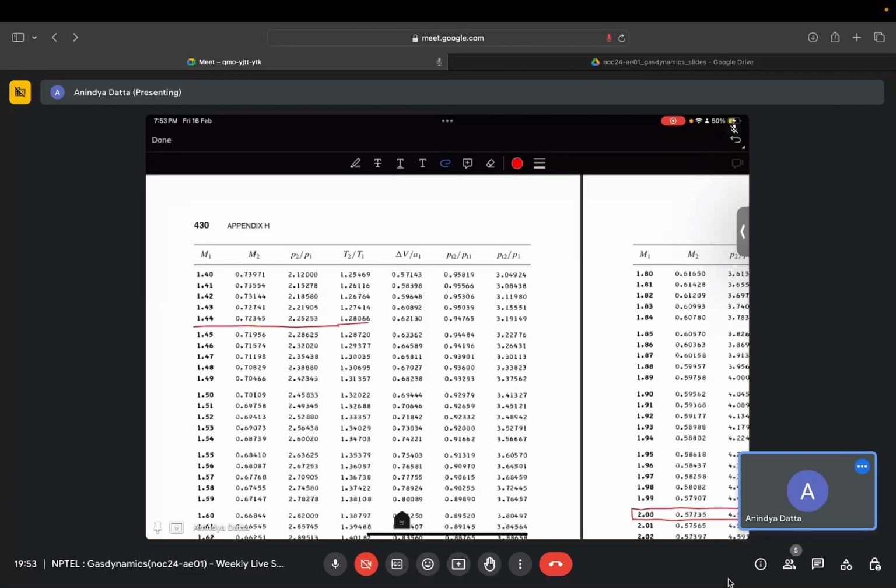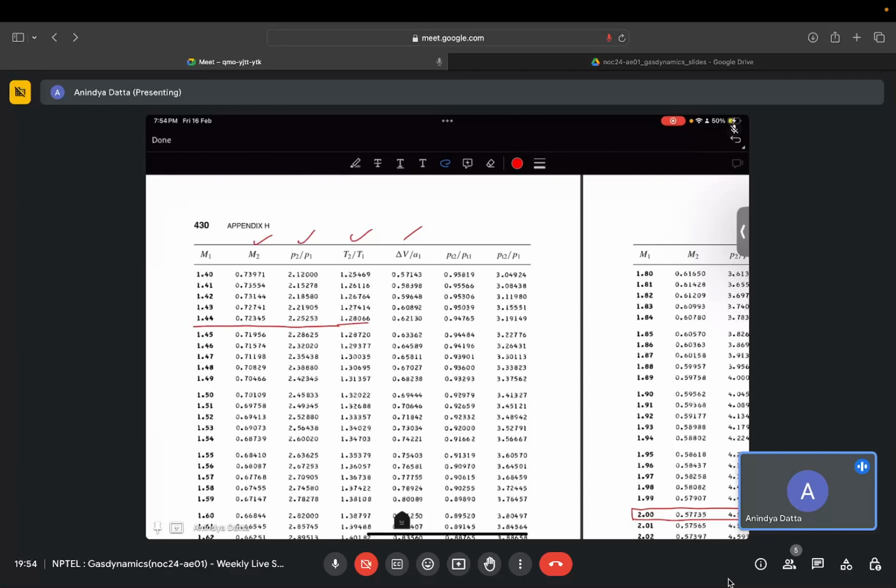When you solve a moving shock problem and change the frame of reference so that the moving shock becomes stationary, you get a standing normal shock, and then you can use the first four columns: M2, p2 by p1, T2 by T1, and delta V by a1.